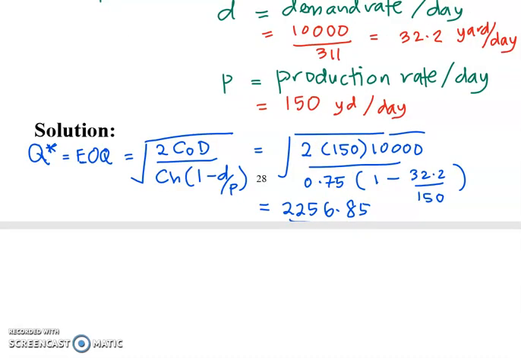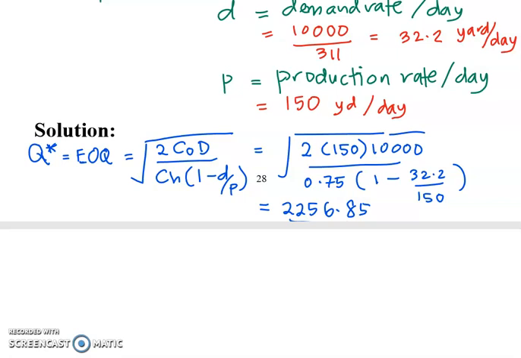For the second question, they want to know the number of days to receive the order completely. When we are dealing with a manufacturing operation, this is also called the length of the production run.